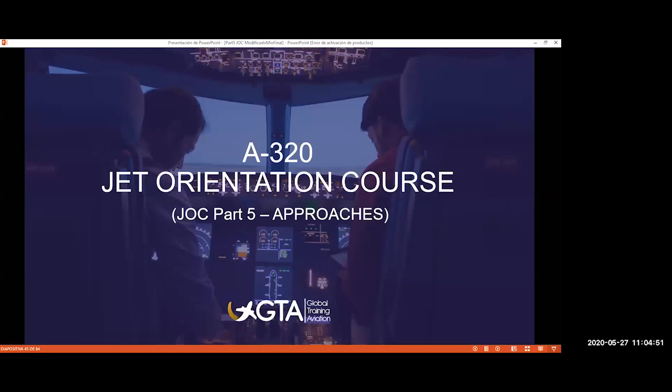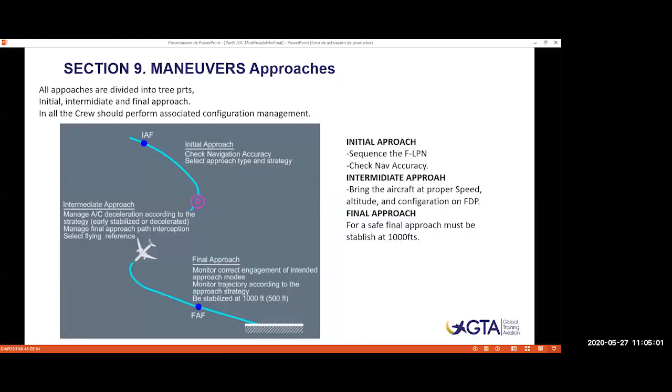Now we have already started descending. And now we are going to approach, because we have already prepared the approach. Every approach we can divide into three parts: initial, intermediate, and final. In the initial, we have to know what my navigation accuracy is. We have to select the correct approach that I'm going to do.